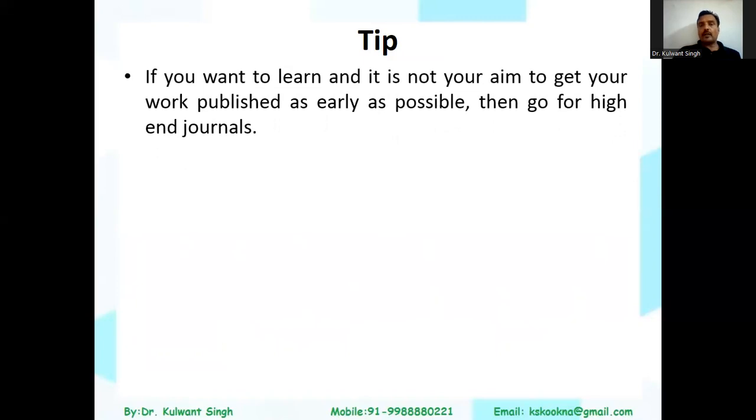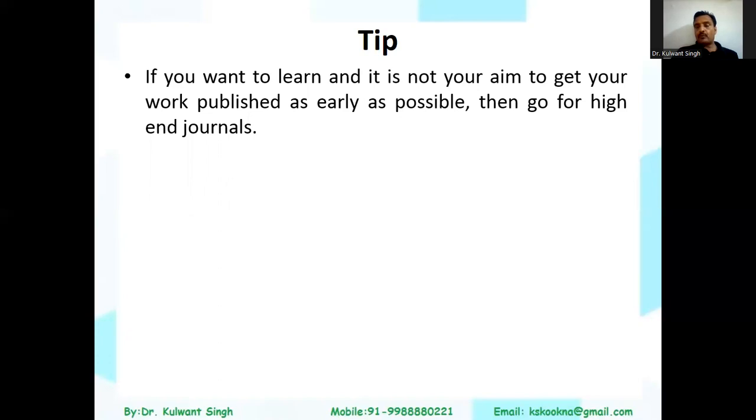If you want to learn and it is not your aim to get your work published as early as possible, then select the high-end journals. Sometimes there are some limitations, or you can say we have some foundations, so we have to publish the article within the prescribed time, right?